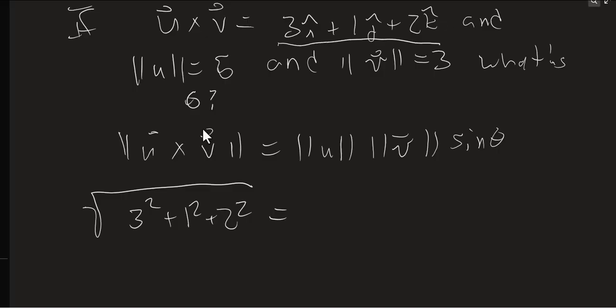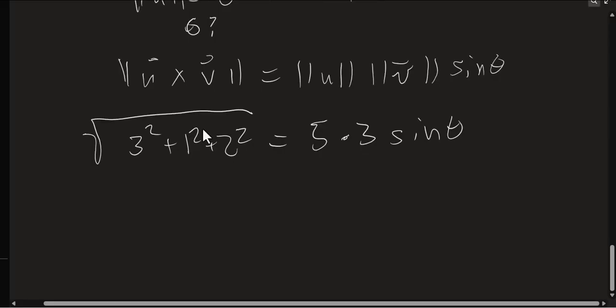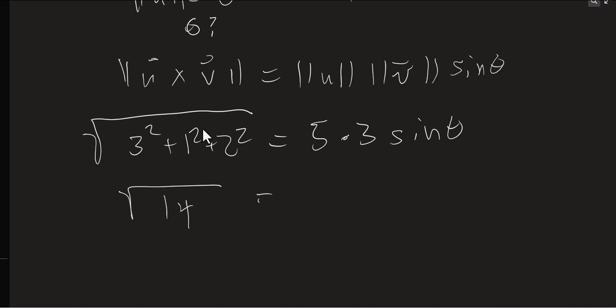That comes from this. So anytime you need to find the magnitude, you do that. Equals 5 times 3 times sine theta. So this is the square root of 9 plus 1 is 10 plus 4 is 14 equals 15 sine theta.